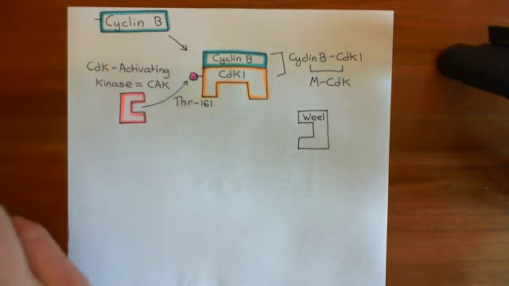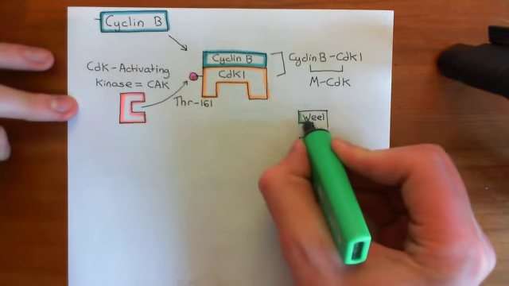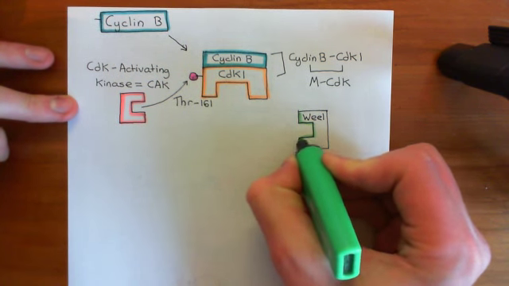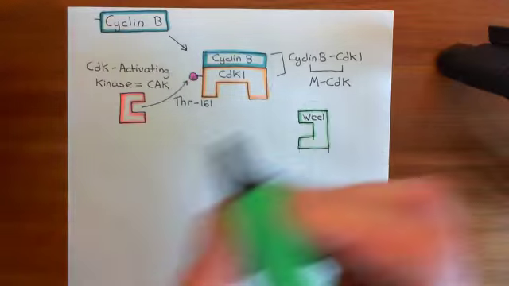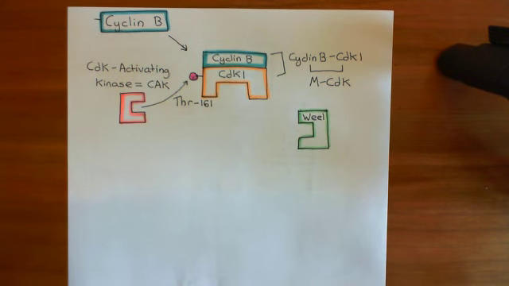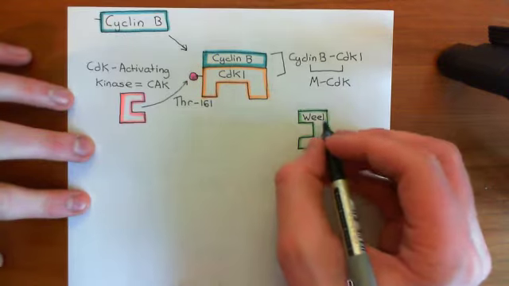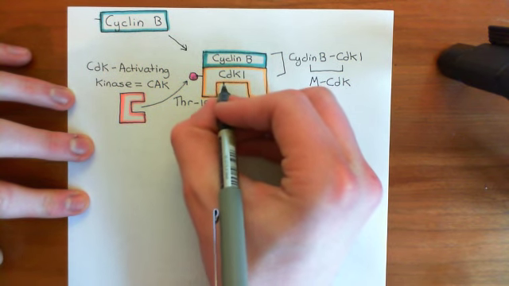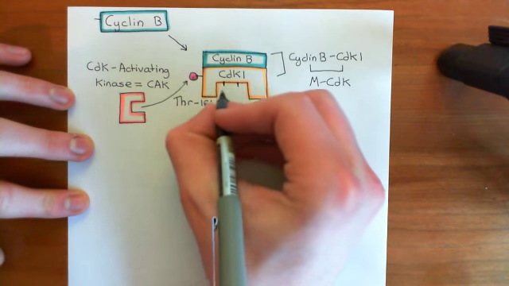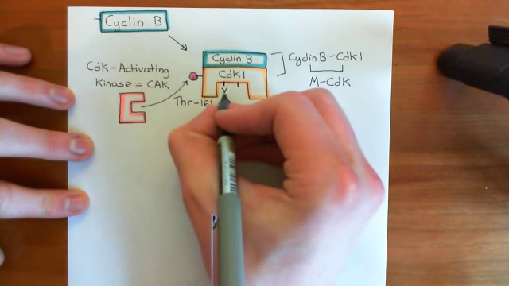And I'll colour in WEE1 in green. Now, this is also a kinase enzyme, and this is another one of these kinase enzymes that can phosphorylate tyrosine residues as well as threonine residues, so it's an unusual one. Okay, and it's going to phosphorylate two residues that are right in the active site of the cyclin-dependent kinase 1.